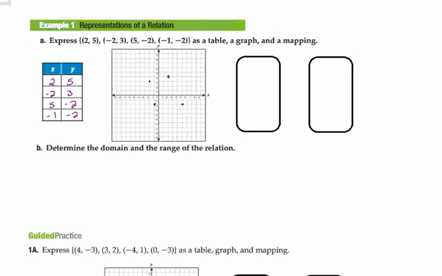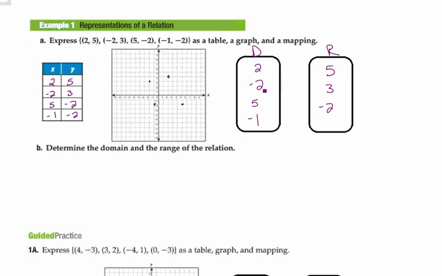Now looking at a mapping is a little bit different. What we're going to do is look at our table and set it up just like that. Here's our domain. So we have 2, -2, 5, and -1. And then here's our range. Our range values are our Y, so 5, 3, -2, and there's another -2, so I'm not going to repeat that.